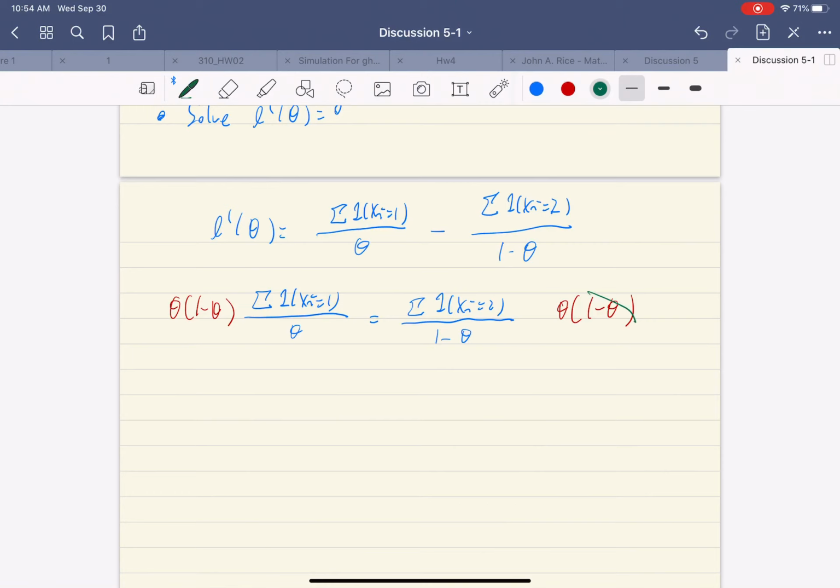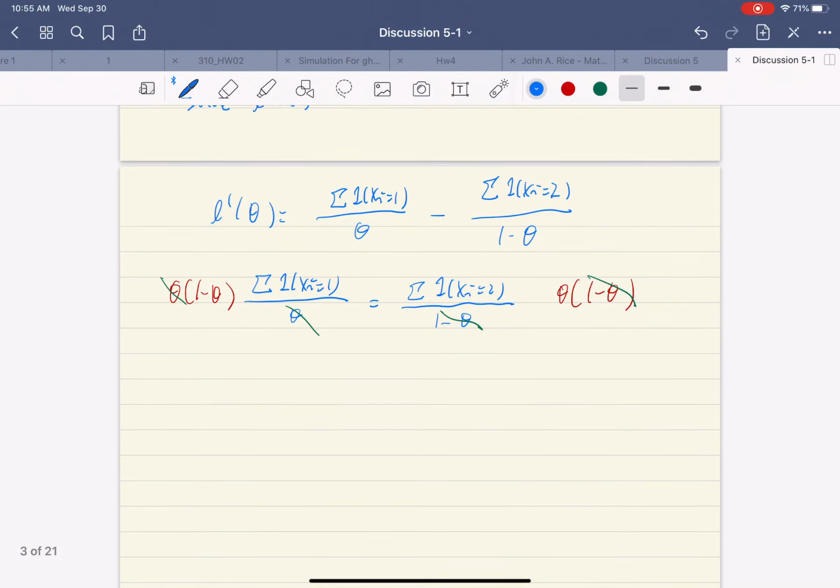We can cancel these two, and after some rearrangement, we can see it is equal to the summation of the indicator of Si equal to 1 multiplied by theta, and this term is equal to n, the sample size.